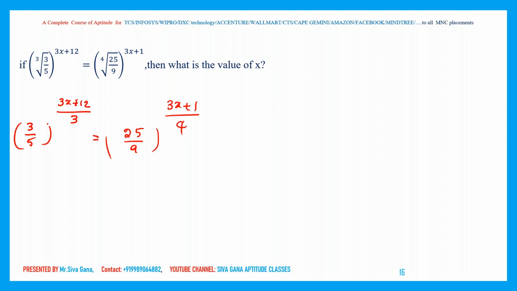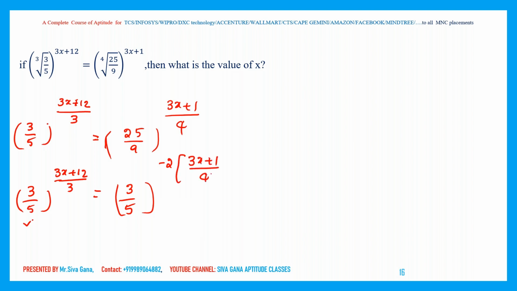So 3 by 5 power 3x plus 12 divided by 3 is equal to, I'm reversing it: 25 is 5 square, 9 is 3 square, so I'm writing it as 3 by 5 power minus 2, into 3x plus 1 by 4.